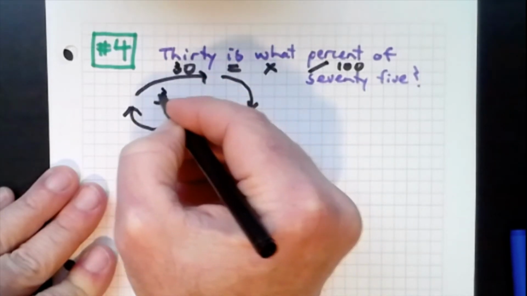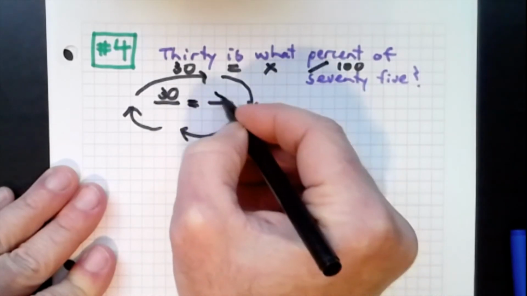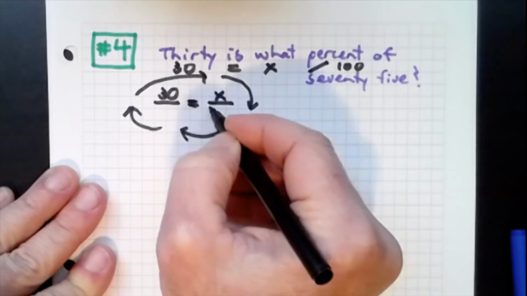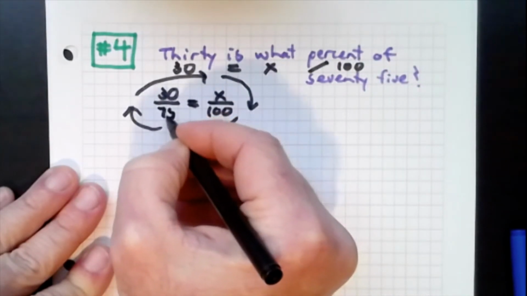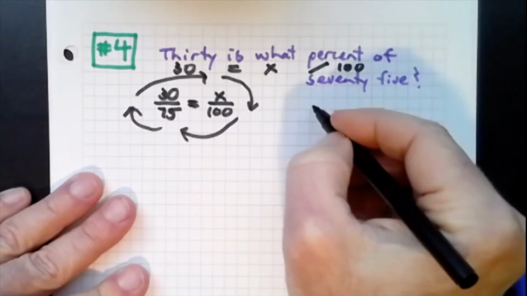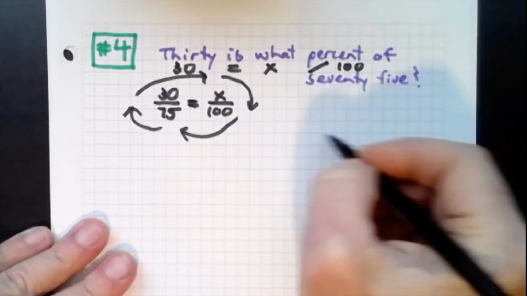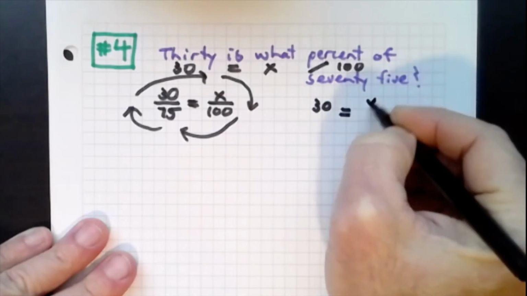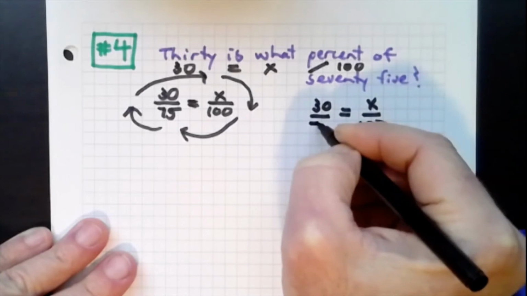30 is, there's the equal sign, what percent of 75. If I was writing that from scratch without the visual here, I say these words to repeat the problem, but then I follow that pattern. 30 is what percent of 75.